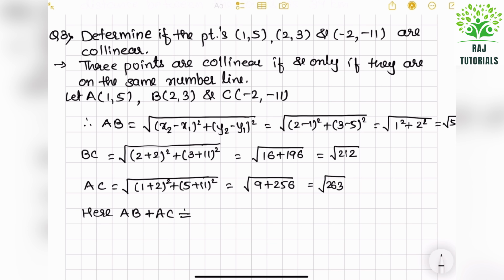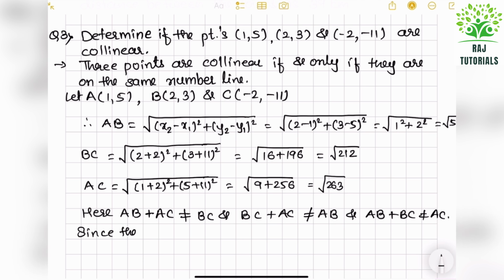Here AB plus AC is not equal to BC, and BC plus AC is not equal to AB, and AB plus BC is not equal to AC.